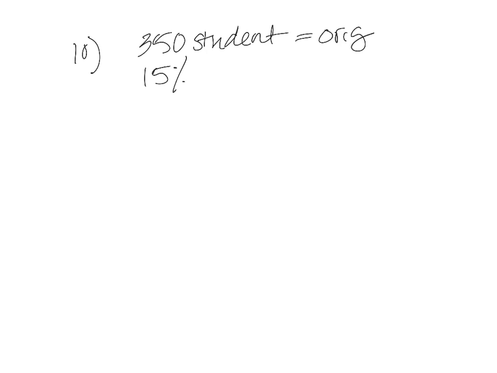And the last guy, you had 350 students last year, so that's probably your original number. The number increased 15%, and they're looking for the new number. So we're going to write our formula. And my percent is 15%, and it's an increase, and percent is written as a decimal.